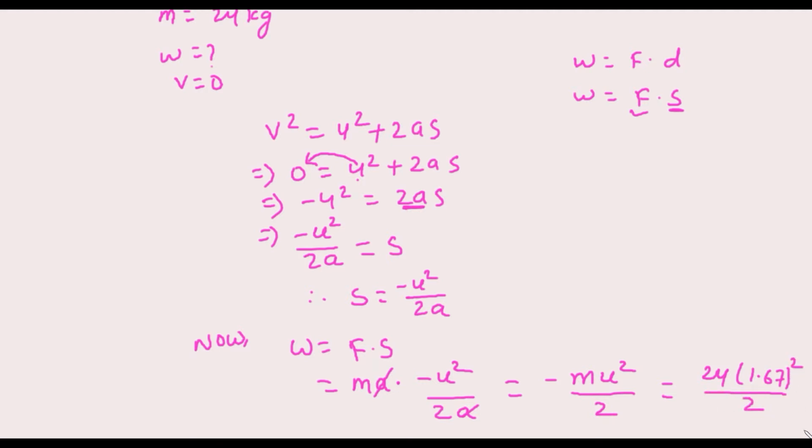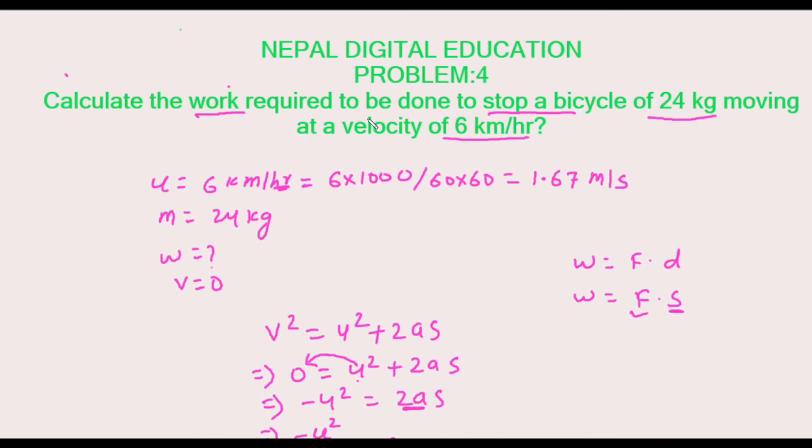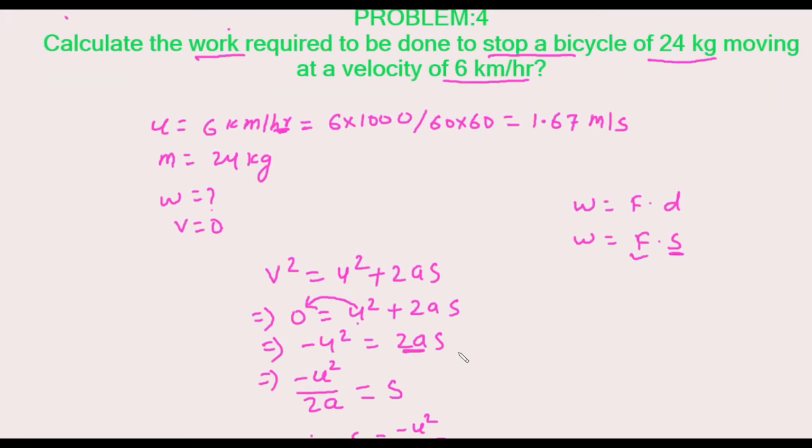Just solve it. By solving it we get 33.46 joule. This is the required work done to stop a bicycle of 24 kg.